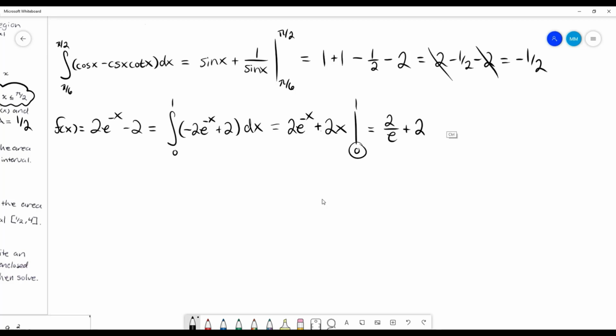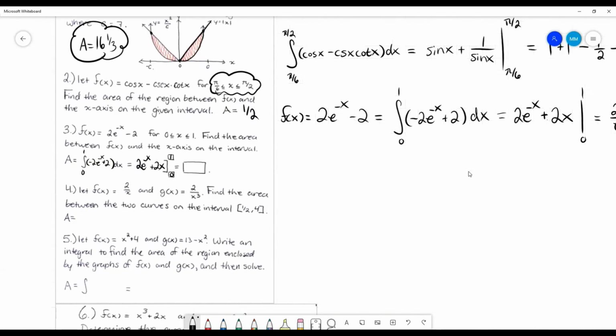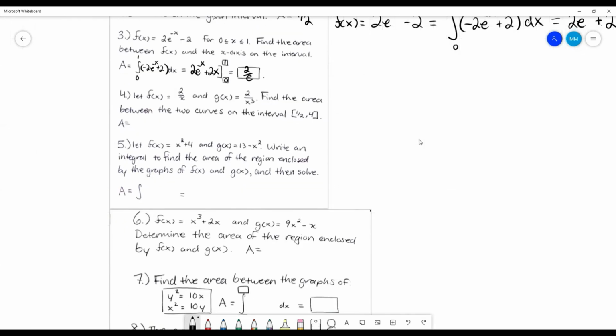So if I plug in 0, that's going to be 2 times e to the power of 0, which is just 2 times 1, because anything to the power of 0 is 1. So that's minus 2, plus 2 times 0, which is just 0. These cancel out, and our answer is just 2 over e. Which is a nice, pretty answer, luckily.